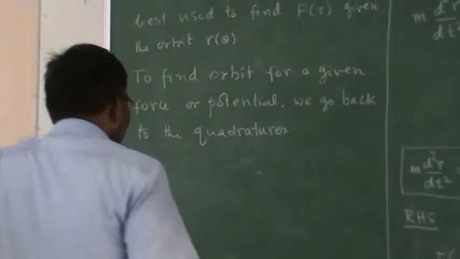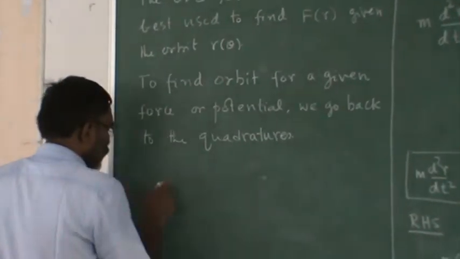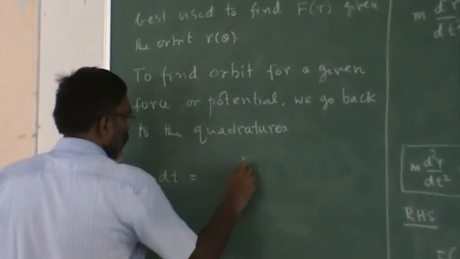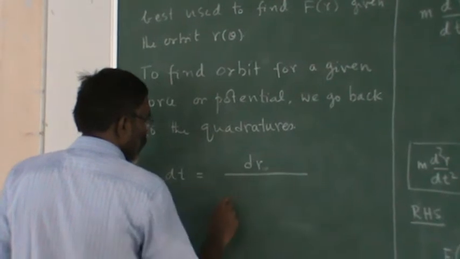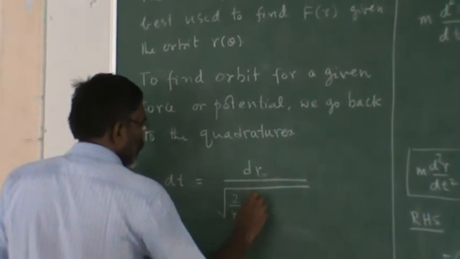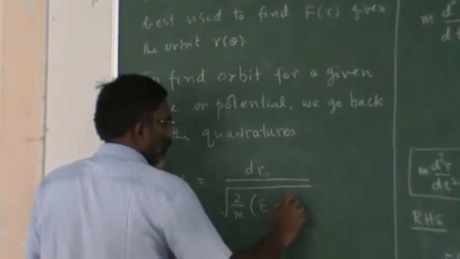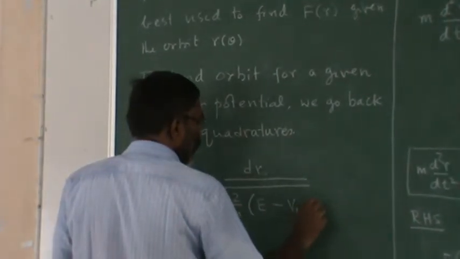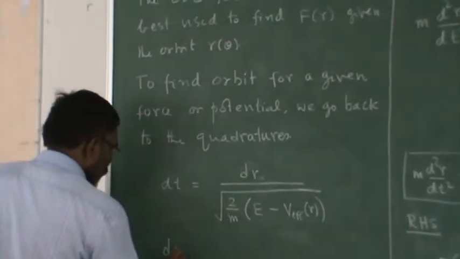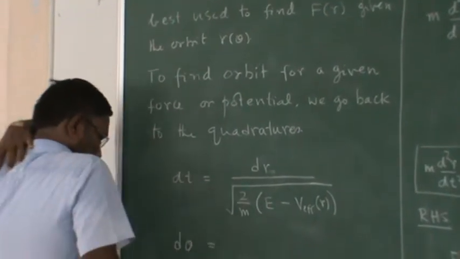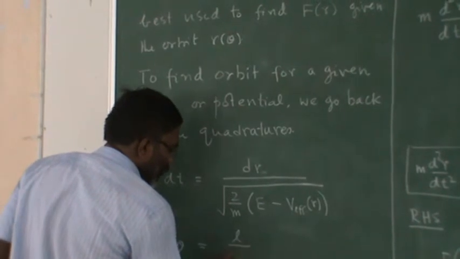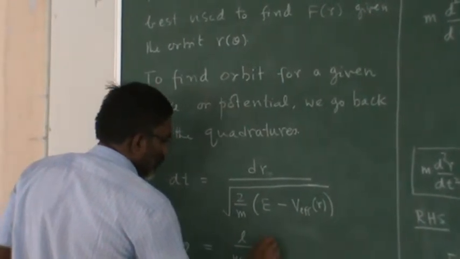As I wrote in the morning, we have dt is equal to dr divided by square root of 2 by m into E minus V effective of r, and d theta is equal to L by m r square into dt.